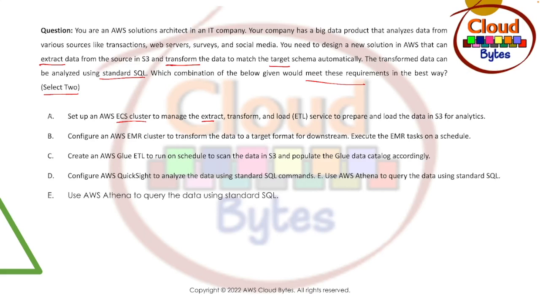This is not a correct option because although an ECS cluster may work, it may not be fully managed by AWS. You are going to manage this, not the best solution. Let's look at other solutions. Configure an AWS EMR cluster to transform the data to a target format for downstream. Execute the EMR task on a schedule. And this is again incorrect for the same reason that this is not going to be managed.